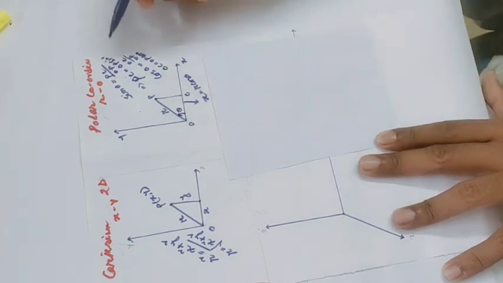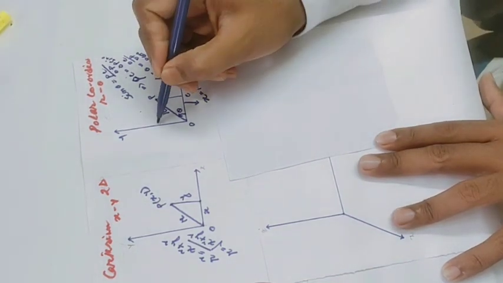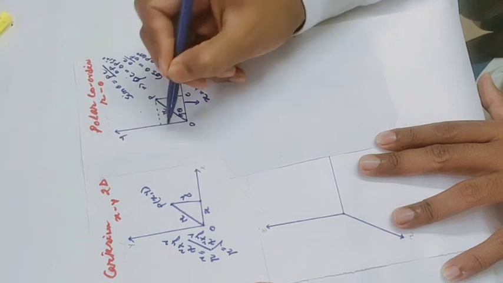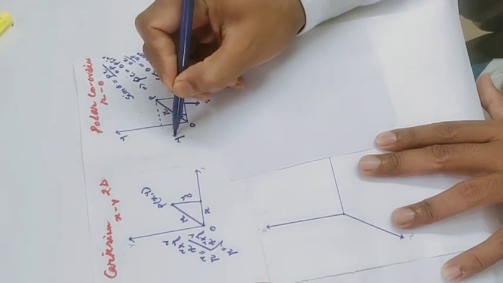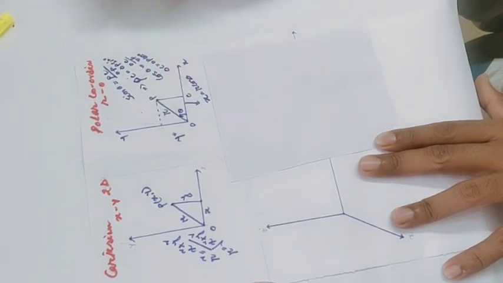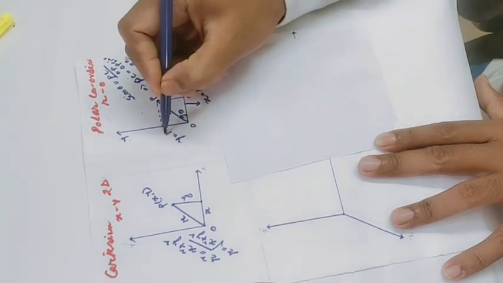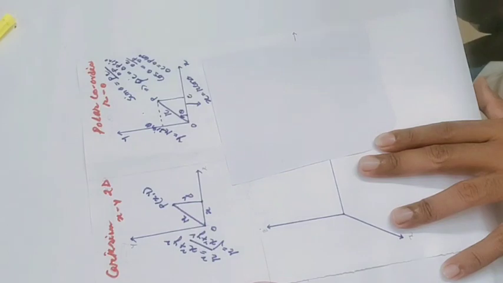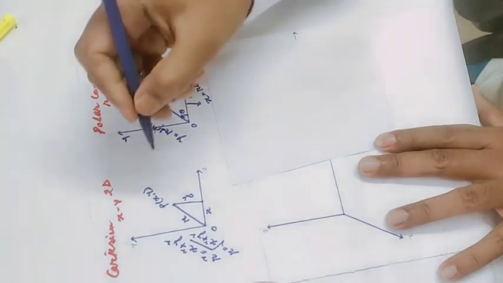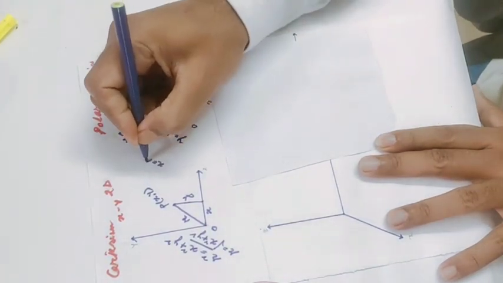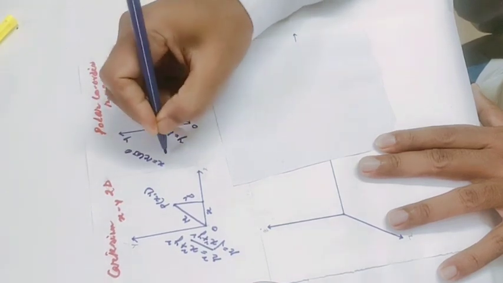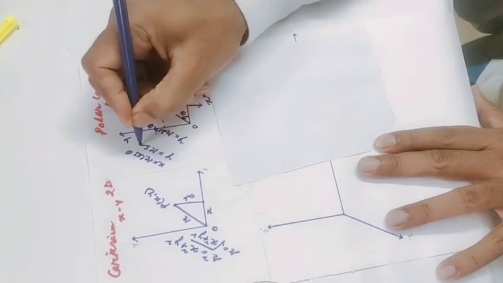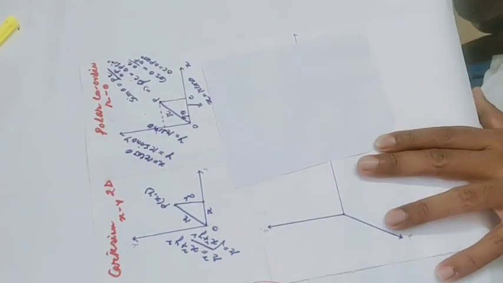Ultimately PC is what? You draw a perpendicular. PC is nothing but y, and OP is r. So that's why in polar coordinates we write x is equal to r cos theta, y is equal to r sin theta. Is it okay?